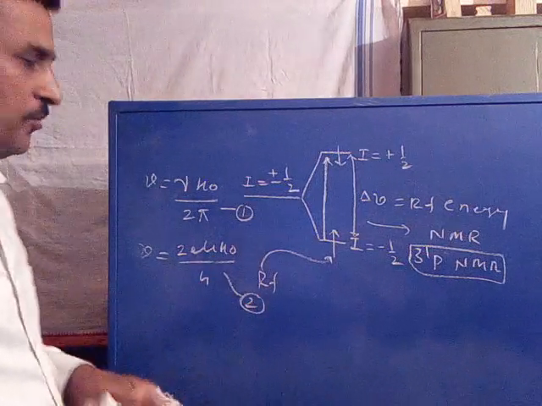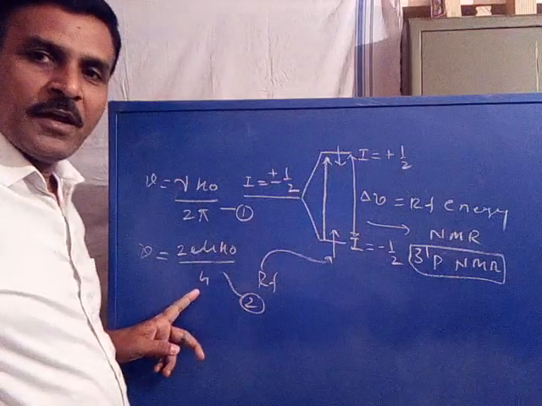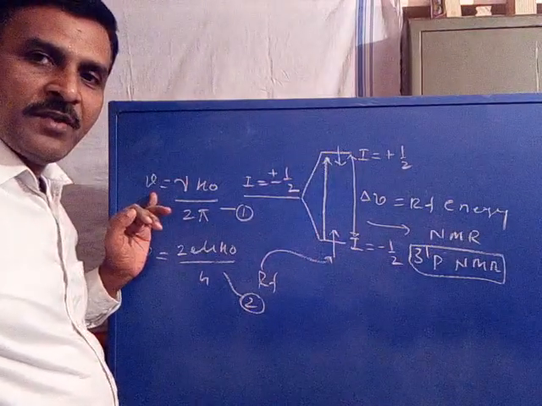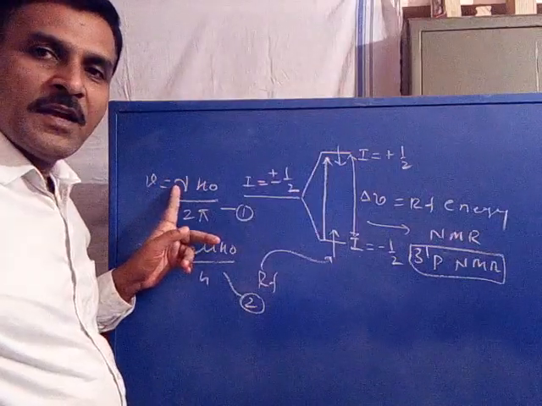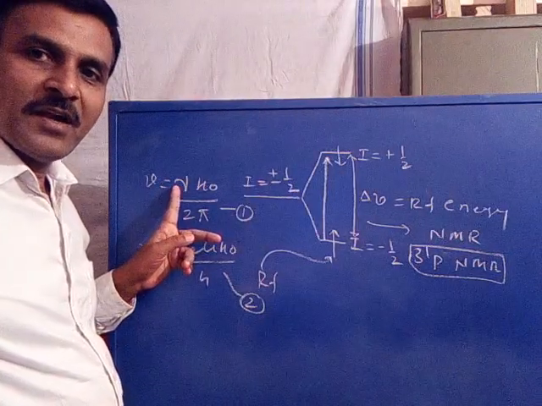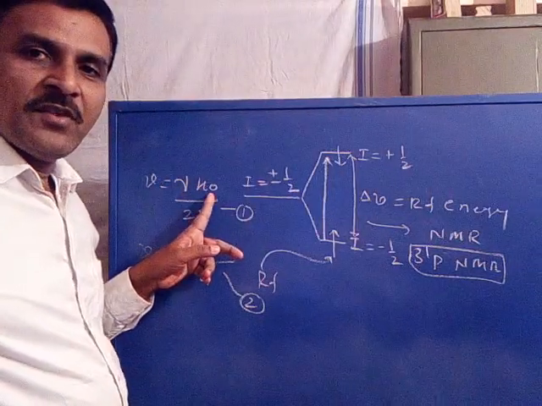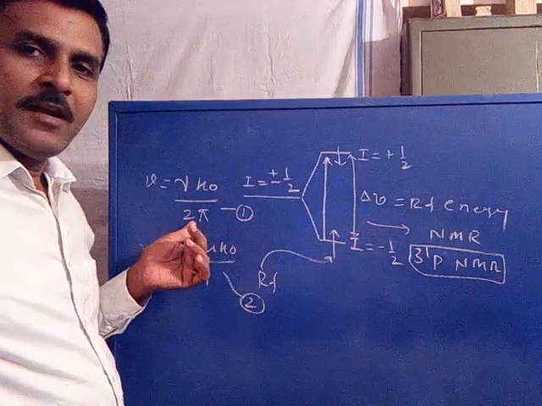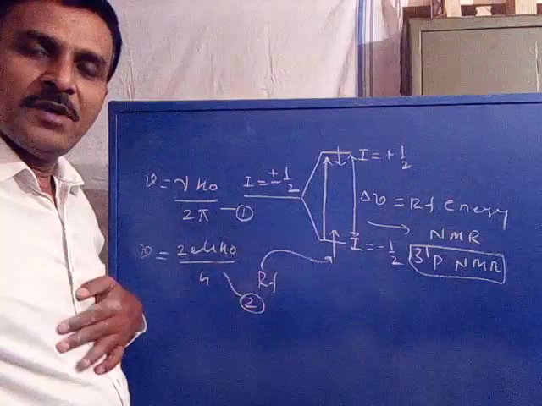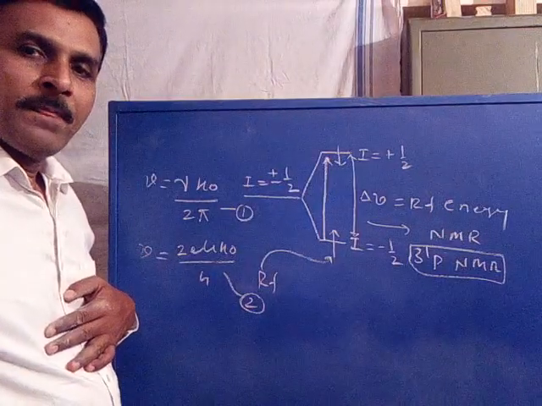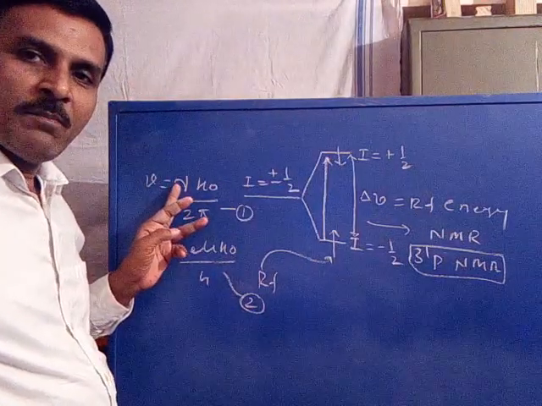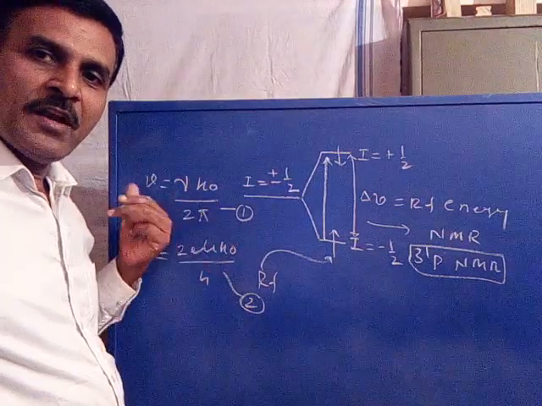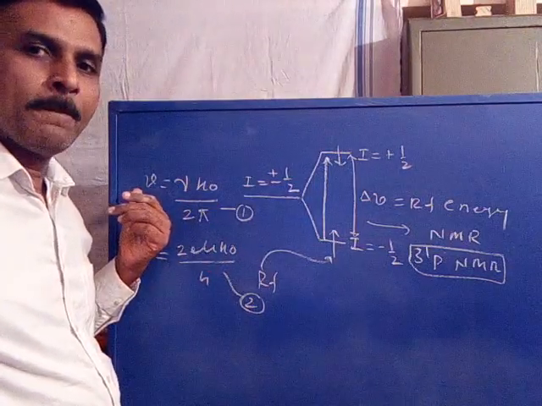Now these are the principles involved in either proton NMR or fluorine NMR, where absorption frequency is equal to the gyromagnetic ratio of the nuclei under study times H0, the strength of the applied magnetic field, divided by 2 pi. Then we will get the absorption frequency. If we substitute the gamma value for proton and H0 applied to proton, we will get the proton absorption frequency.